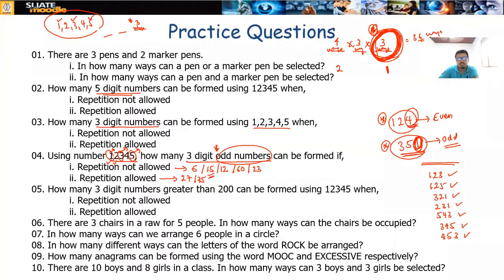Repetition is allowed. It means if we have used a digit previously, assume we have used the digit 5 here, I can still use it again.